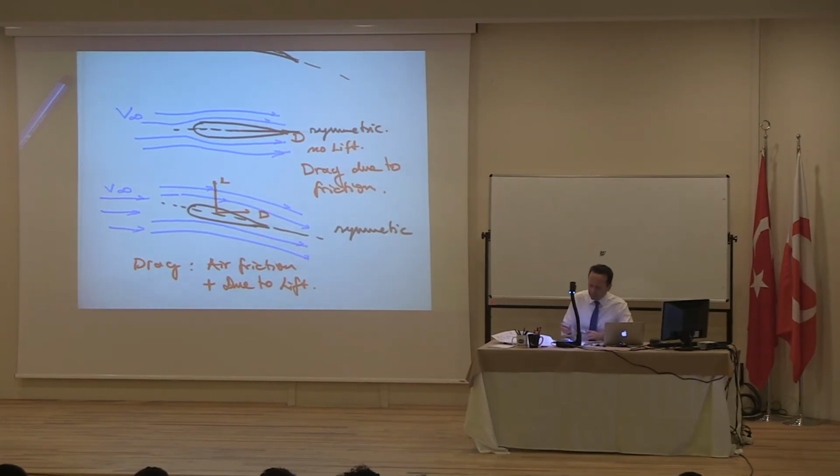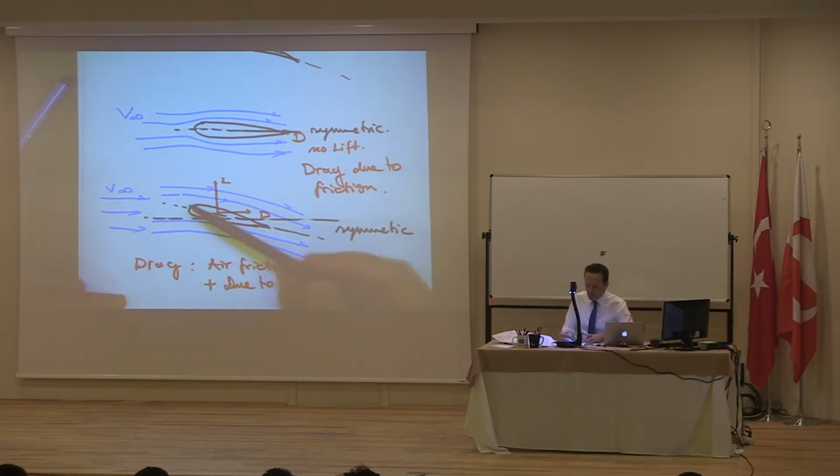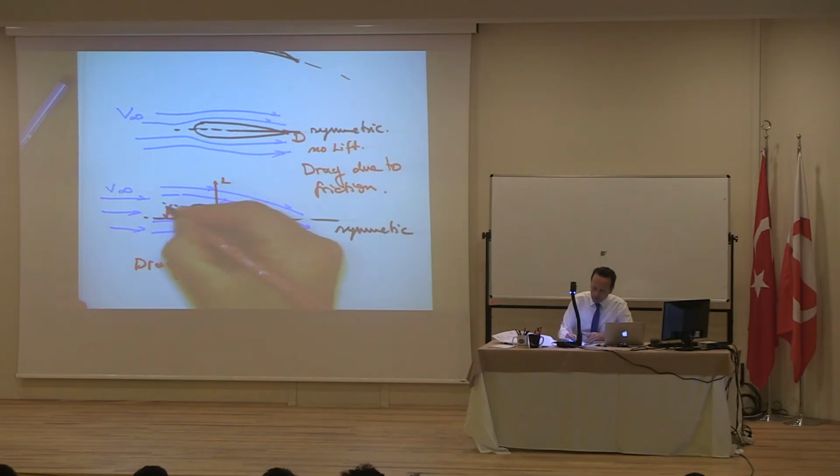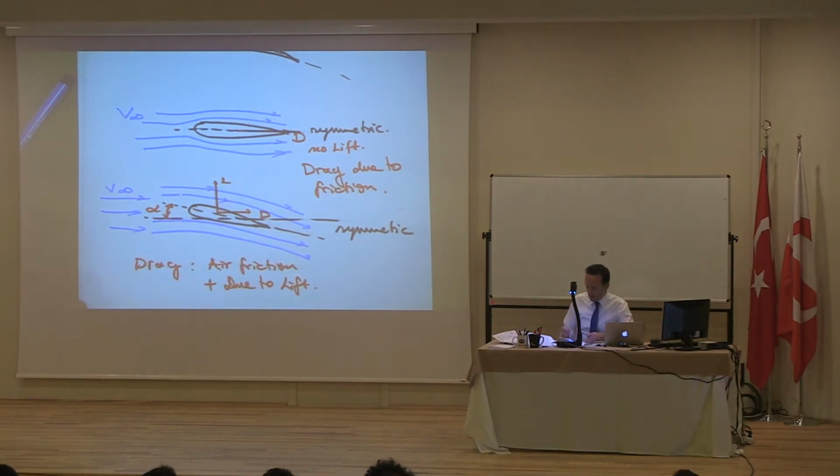There's one more thing. I keep saying I'm giving this a certain angle. I think I mentioned this already. We call this angle alpha, and alpha is known as the angle of attack. Okay?